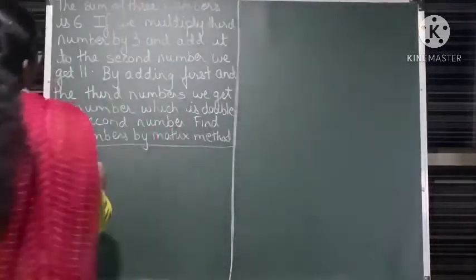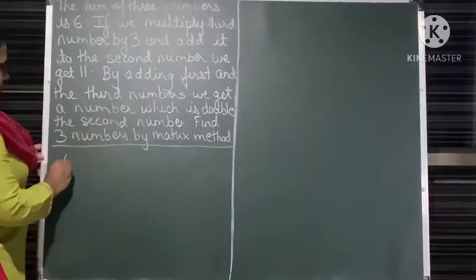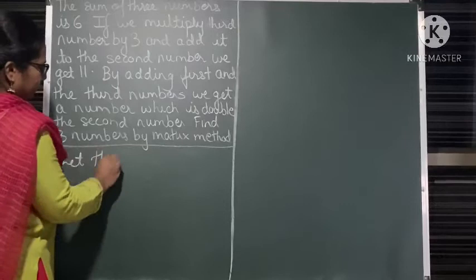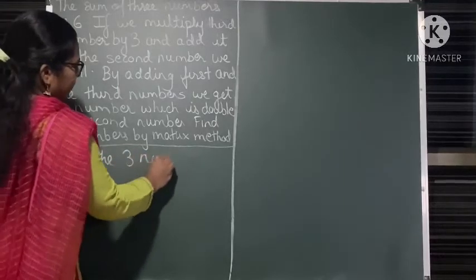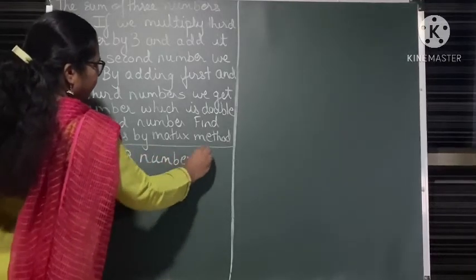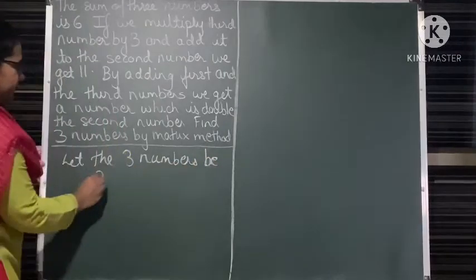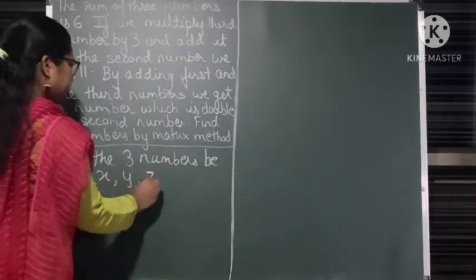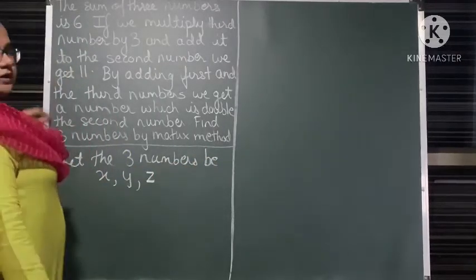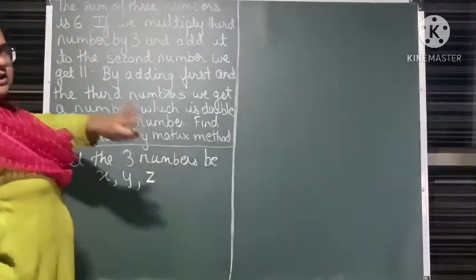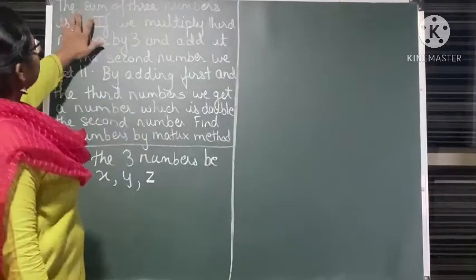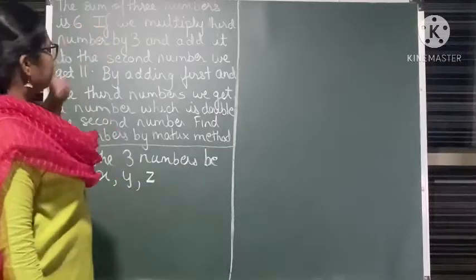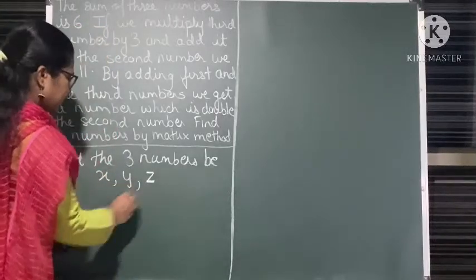So if you want to find three numbers, we will assume that let the three numbers be x, y, z. Okay. So according to the given conditions, there are three conditions given. We will write the first condition. The sum of the three numbers is 6. So what are the three numbers? x, y, z.